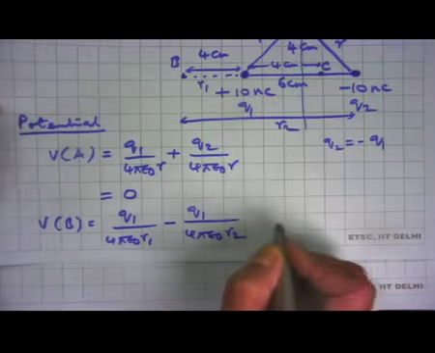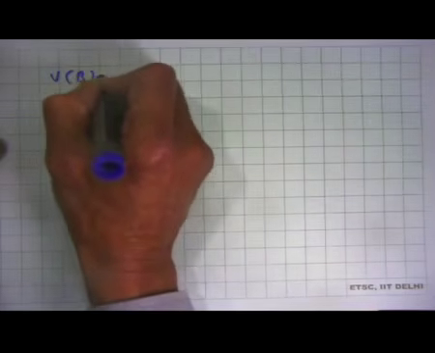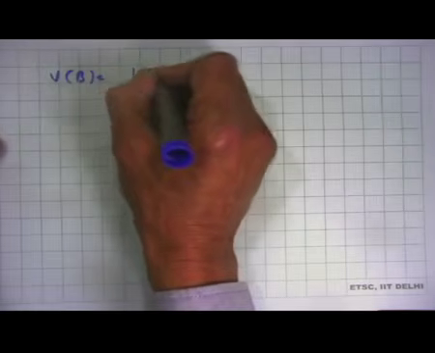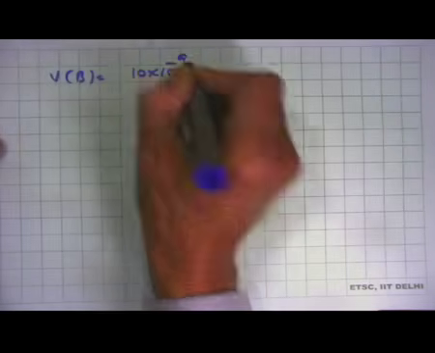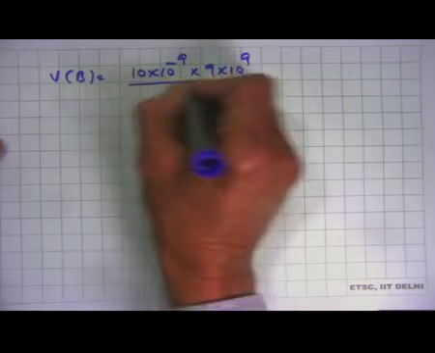So, let me substitute these numbers. So, V at B is 10 nanocoulomb, 1 by 4 pi epsilon 0 is 9 10 to the power 9 divided by r1, r1 is 4 centimeters.